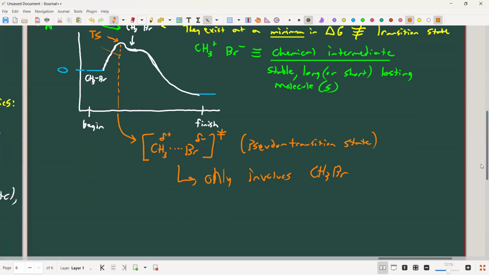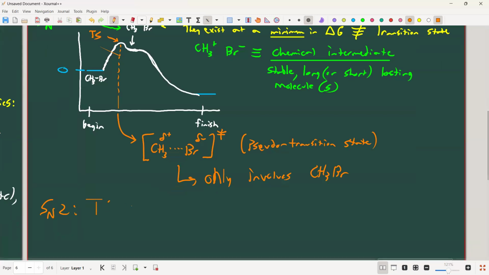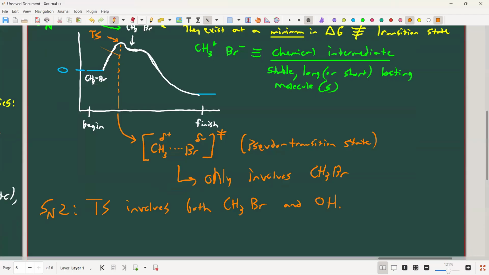But in SN2, the transition state involves both CH3Br and OH. They're both involved in the transition state, and therefore the kinetics reflect those transition states.